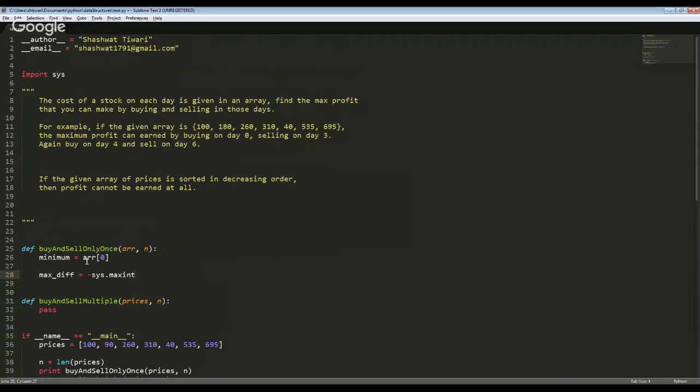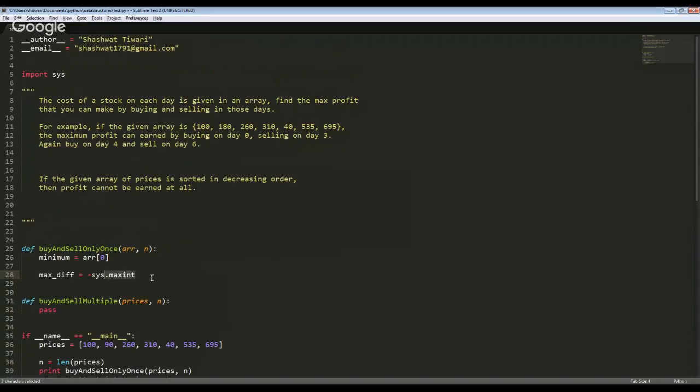In languages like Java, you can have Integer.MIN_VALUE, and with C++ you can have INT_MIN, right? With Python, it's just this way.